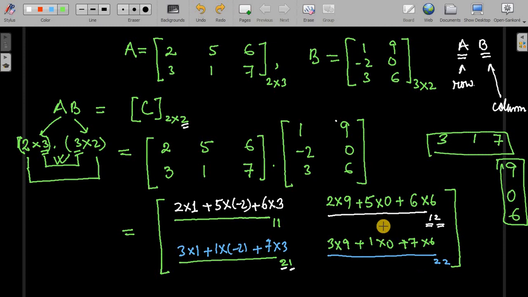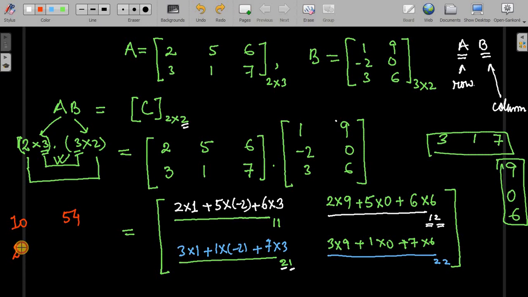So we should just simplify it in order to get our final matrix, which will be 2 times 1 is 2 minus 10 plus 18. 18 plus 2 is 20. 20 minus 10 is 10. 2 times 9 is 18 plus 36 is 54. And then 3 times 1 is 3. 7 times 3 is 21. 21 plus 3 is 24.